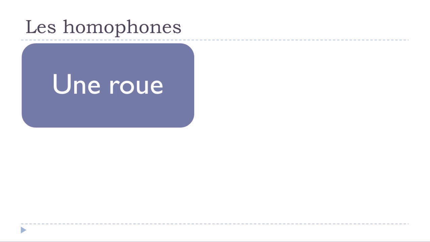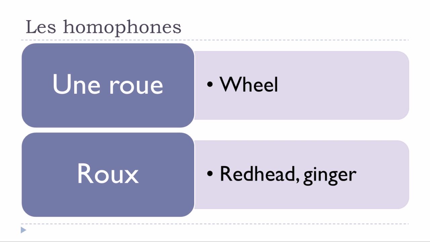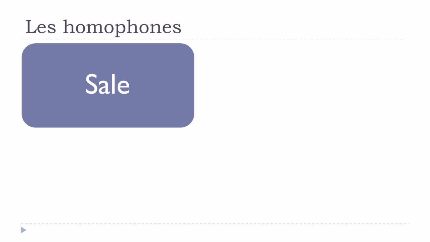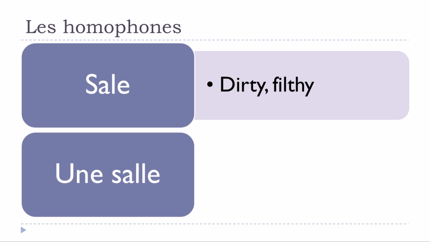Une roue. Roue. Alright, so une roue, and then roue. Sale. Une salle. Okay, so even if you get the double L here, it will still be the same pronunciation as this one. So sale, une salle.